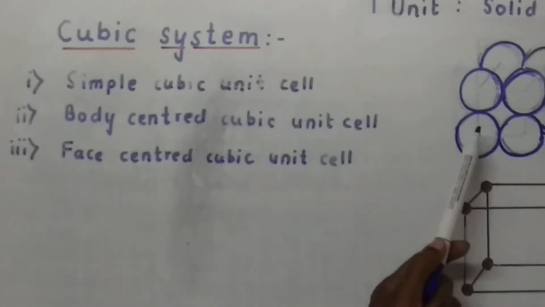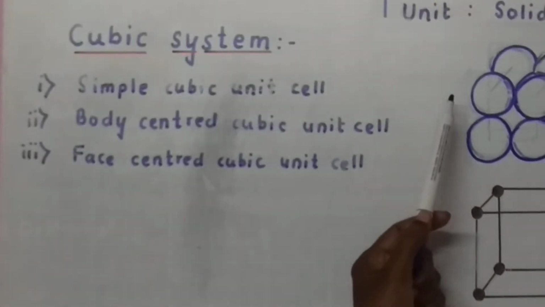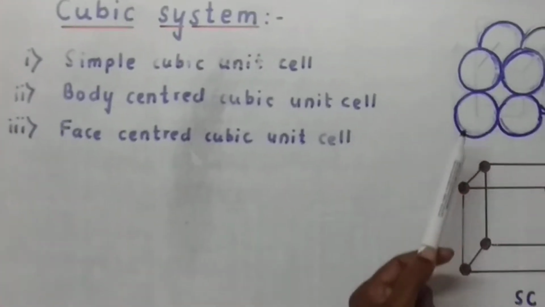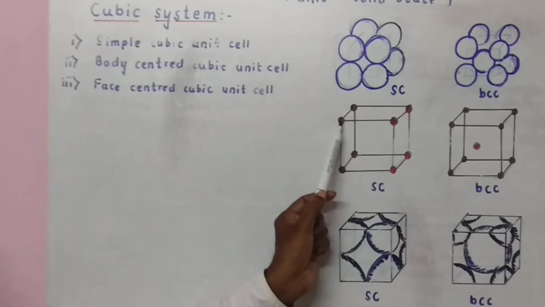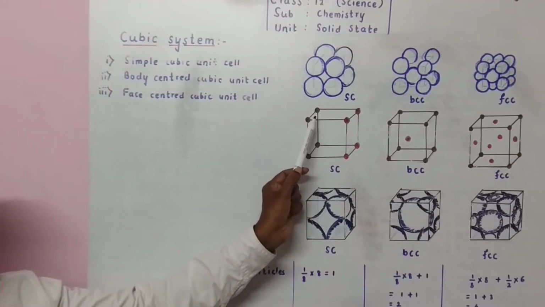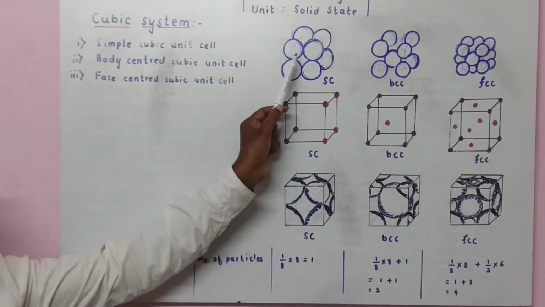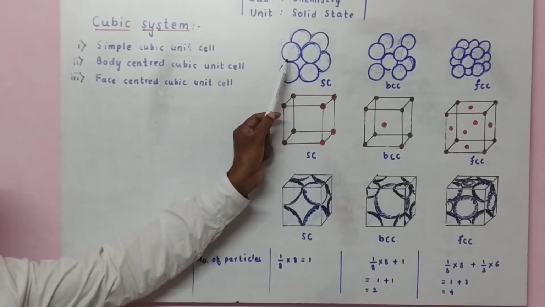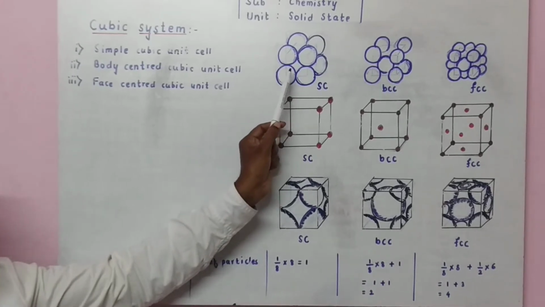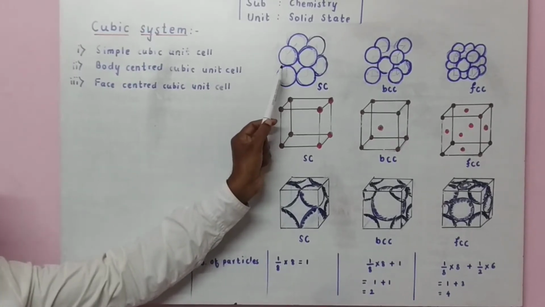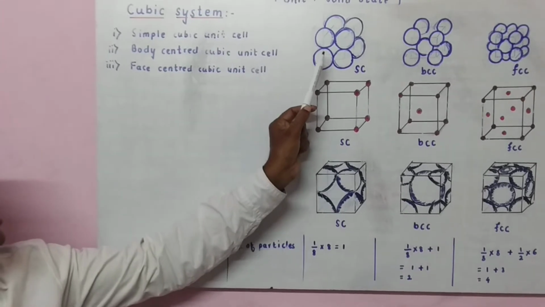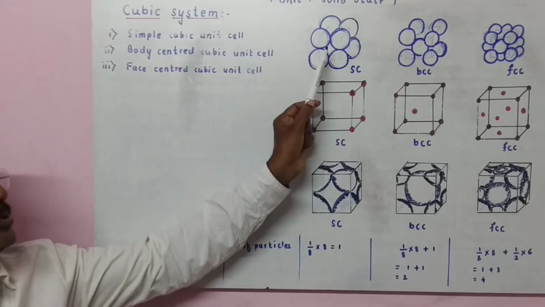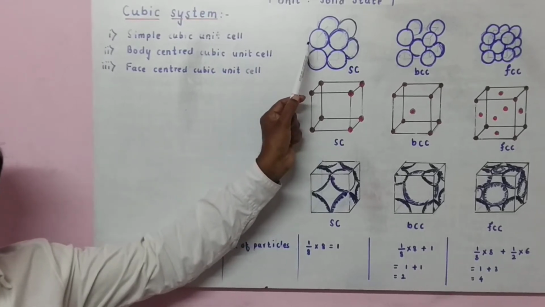Simple cubic unit cell. Here, a simple cubic unit cell has particles at the 8 corners. When this unit cell comes close together, each corner of a given unit cell is shared with other 7 neighboring cubes that come together.